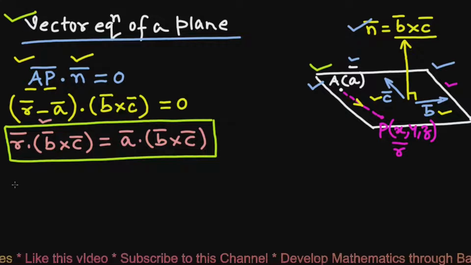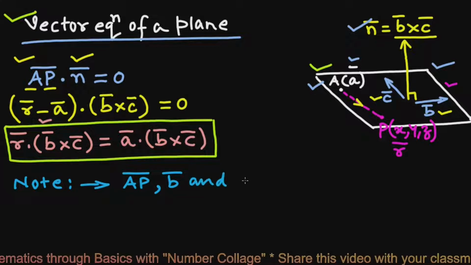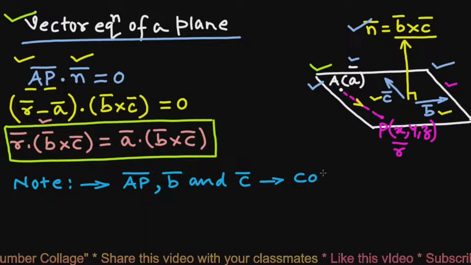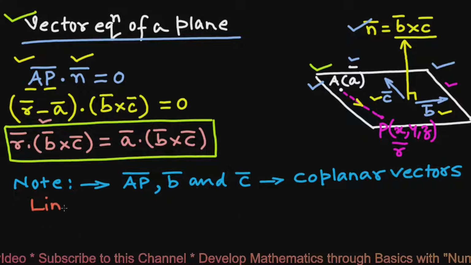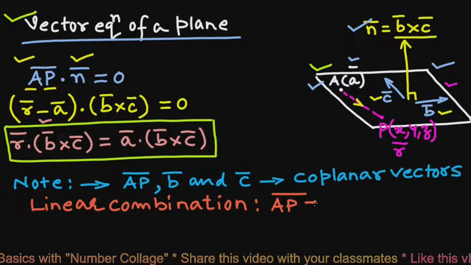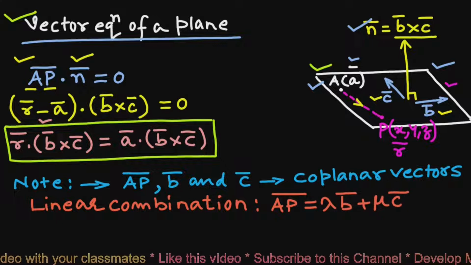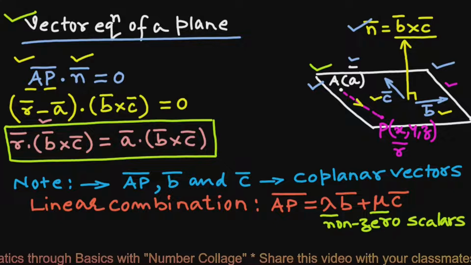Here we can note that if AP bar, b bar and c bar lie in the same plane, then they will be coplanar vectors and can be written as a linear combination, AP bar equals lambda b bar plus mu c bar, where lambda and mu are non-zero scalars.